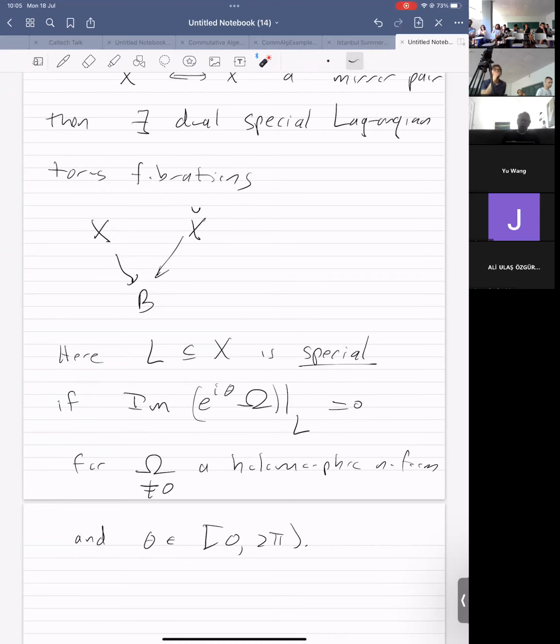Okay, so putting this together, what does this mean? It means that we have two maps. We have a map from X to B, and we have a map from X check to B, whose general fibers are tori. So general fibers of F, as well as general fibers of F check, are special Lagrangian tori.